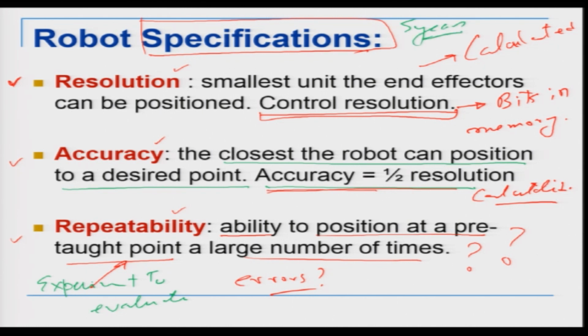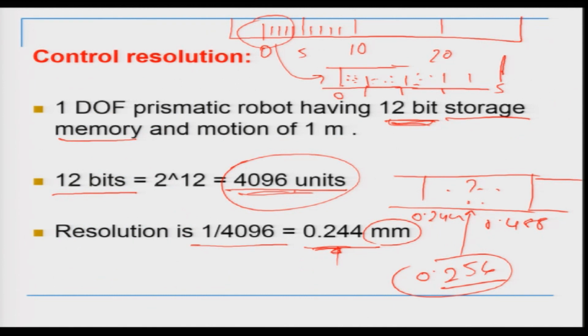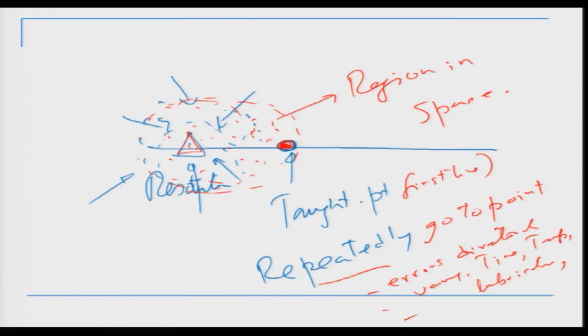Which basically means that these numbers will hold for 5 years, whatever the robot is doing. So this is basically called the robot specifications, and we should understand very clearly what these terms mean, how they get them, and why these terms are there in the first place.